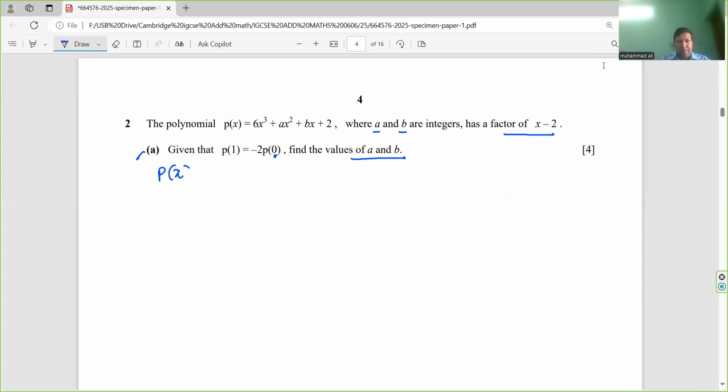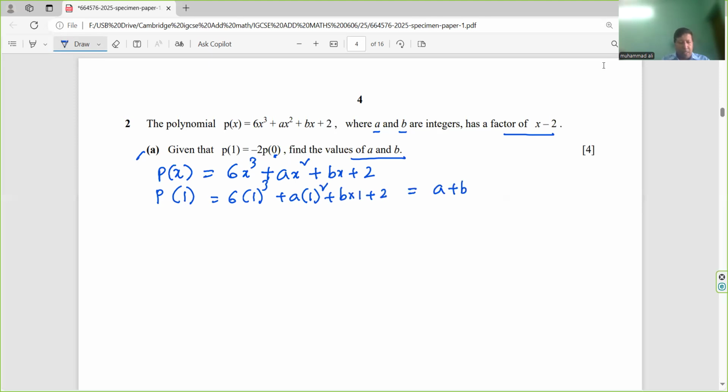p(x) is here 6x cubed plus ax squared plus bx plus 2. If we put here 1, it will be 6 times 1 cubed plus a times 1 squared plus b times 1 plus 2. If we simplify, we get a plus b plus 8.